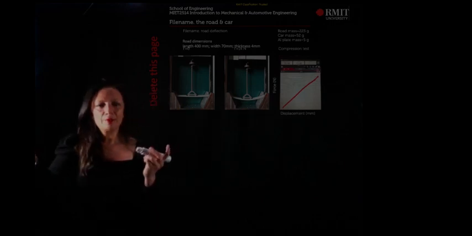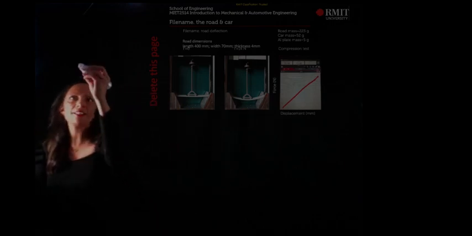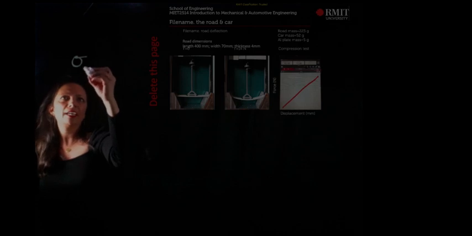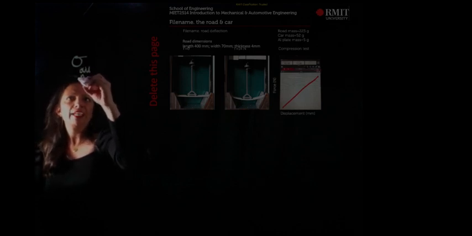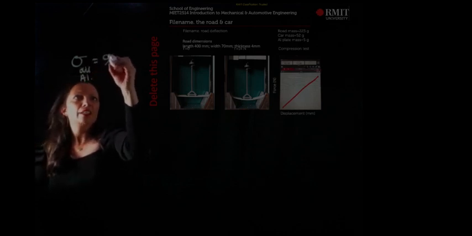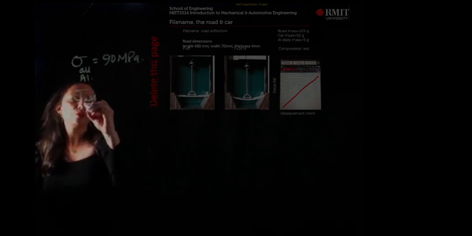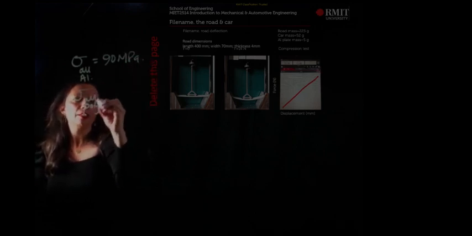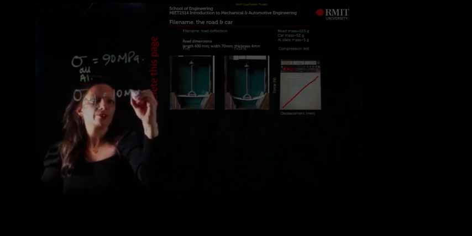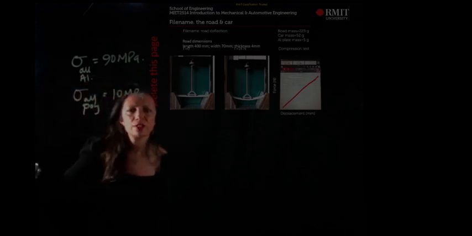In the previous slide, we said that sigma allowable for the aluminium was 90 megapascals, and sigma allowable for the polymer was 10 megapascals. So what's the first thing we need to do?